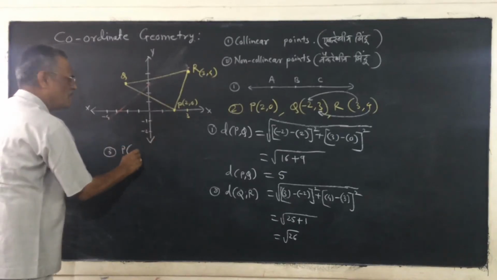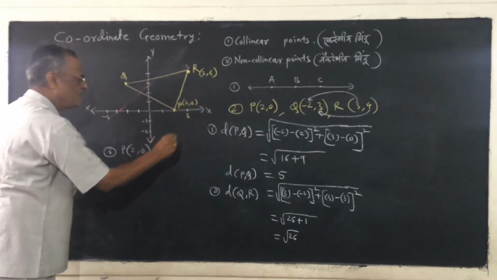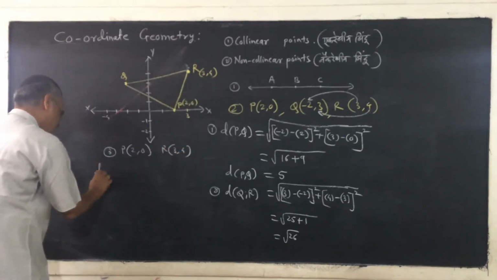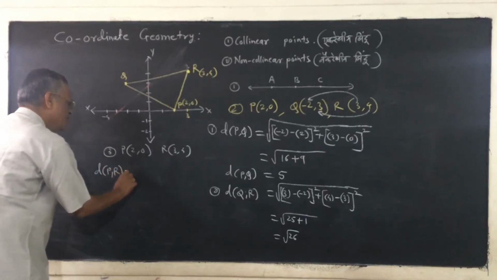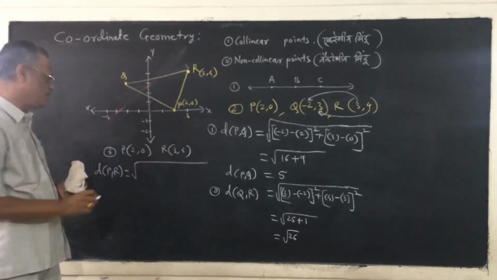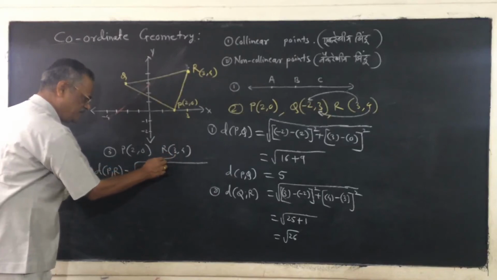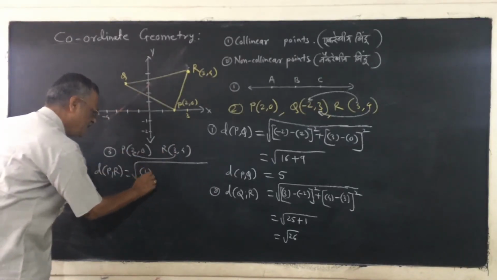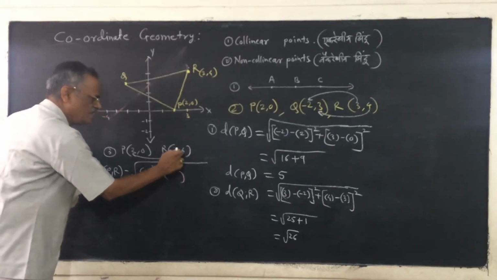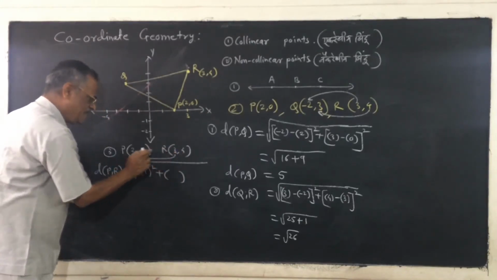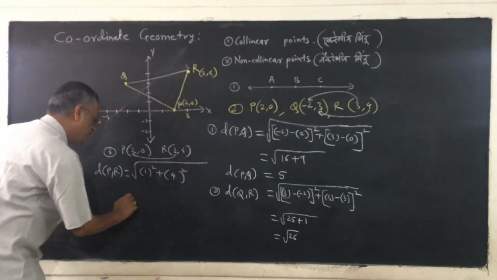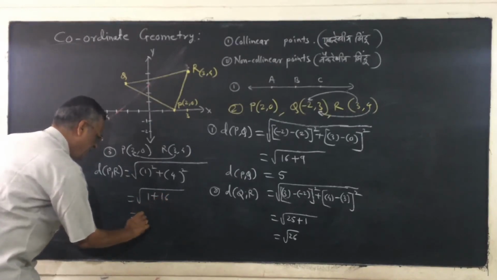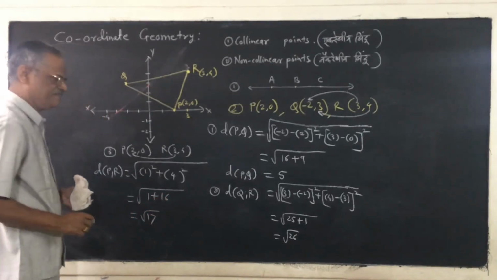P point coordinates are (2, 0) and R point coordinates are (3, 4). So we have to calculate distance PR, with the same formula. Under root, x2 is 3, so 3 minus 2 is 1, bracket square, plus y2 minus y1, 4 minus 0, that is 4 square. 1 plus 16 is 17, so PR is under root 17.